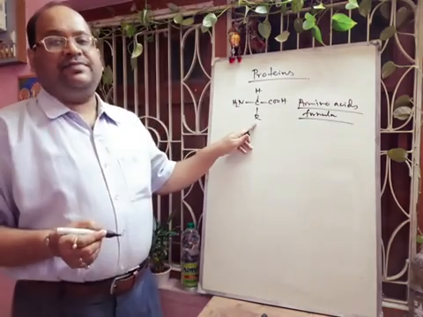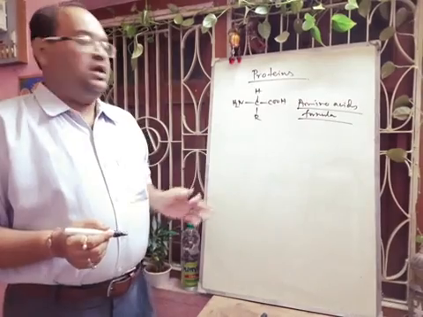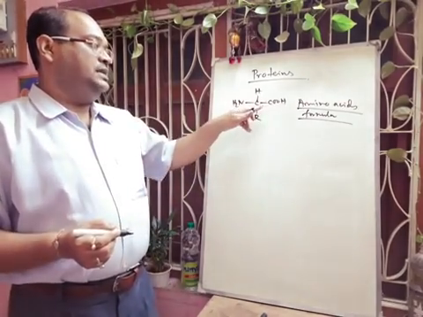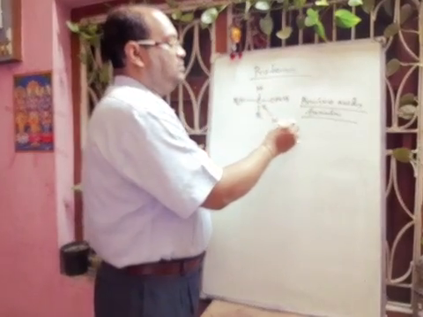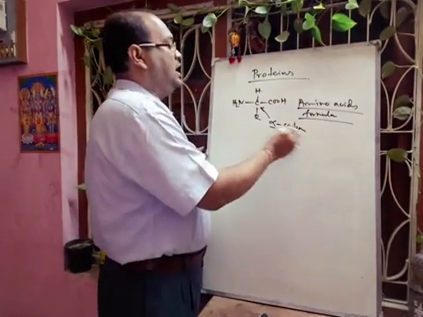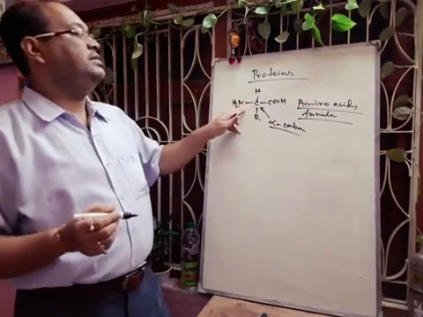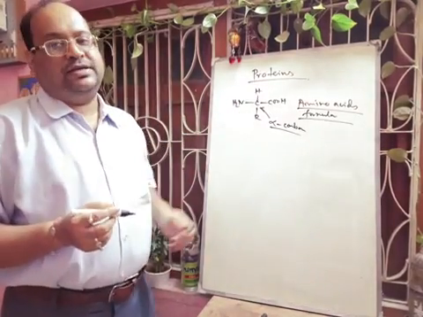And these R may be different groups. The carbon after this COOH is called the alpha carbon. As the amino group is at the alpha position, it is called an alpha amino acid.